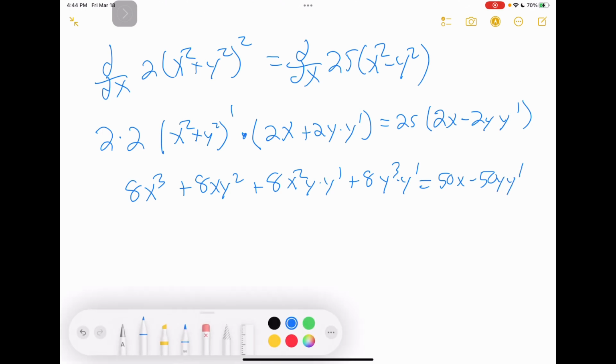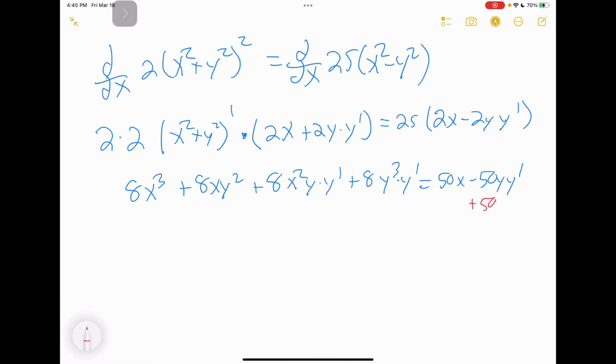Okay, now we're going to move the y prime terms to the left side and the non-y prime terms to the right side. So we'll add 50y y prime. We will subtract 8x cubed from both sides, and we'll subtract 8xy squared.